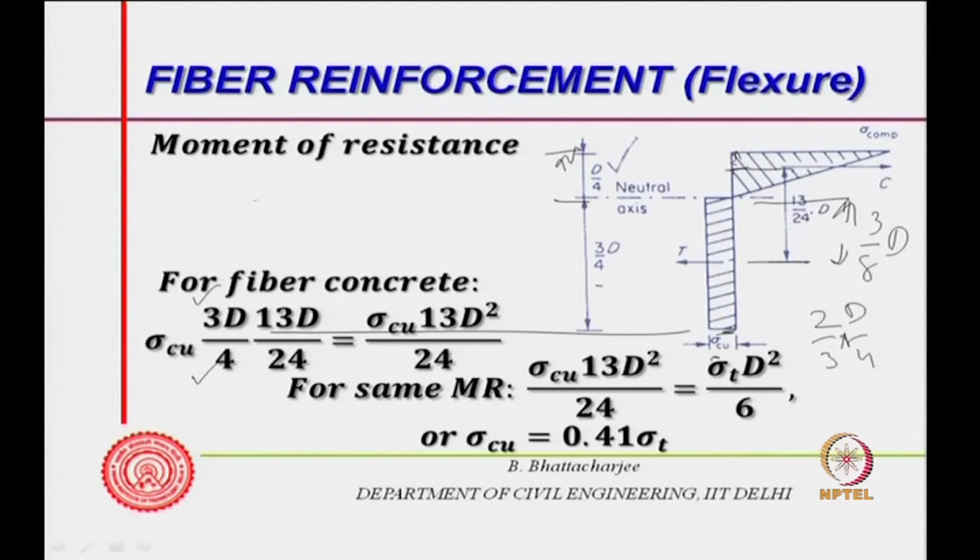So, if I add this up, 1 by 6 d plus 3 by 8 d; the common denominator is 24, 6 fours are 24 and 8 threes are 24, therefore 4 plus 9 makes it 13 by 24 d. So this will turn out to be sigma Cu into 13 by 24.